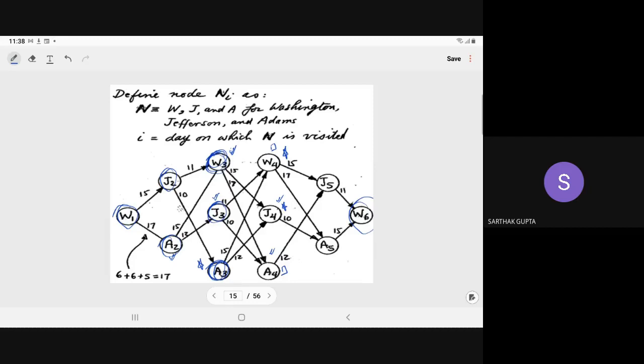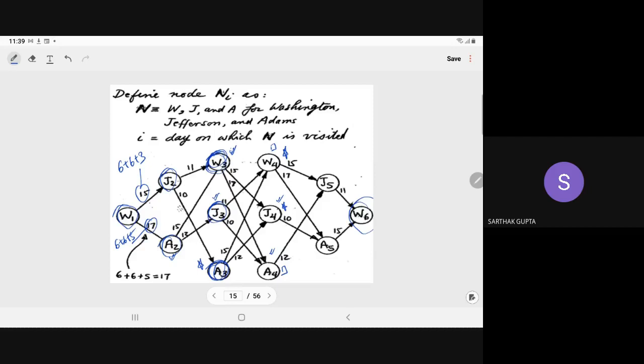On the next day you can visit either the Jefferson or the Adams. So total mileage will be 15 or 17. How are you getting the 15? 6 plus 6 plus 3. And how are you getting this 17? That is 6 plus 6 plus 5.